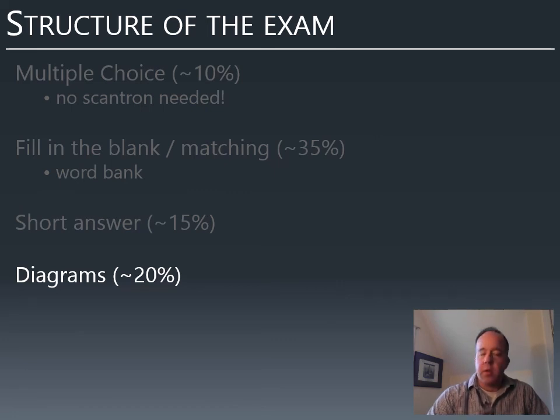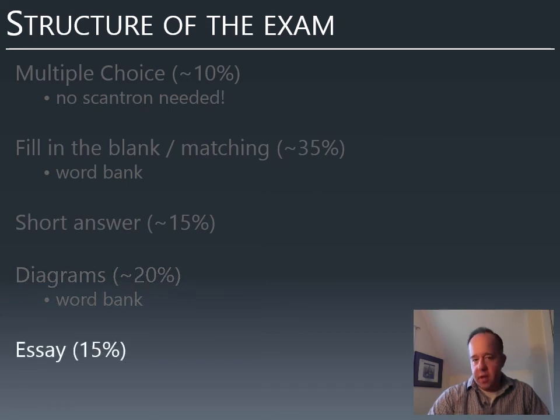It could be labels of brain structures, neural structures. It could be parts of a receptor, for example, but especially that content that we've illustrated diagrammatically, that is by illustration in the course. Those are the prime candidates, especially figures that you've seen in lecture. And again, here you'll have a word bank. You'll have a list of available options. So again, do use that word bank. The answer is in there.